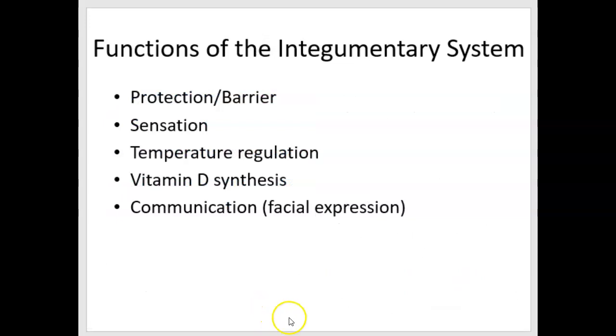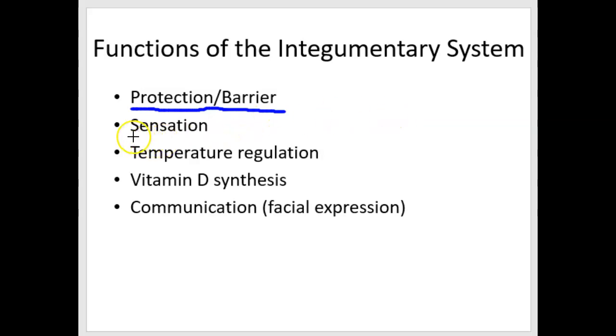Now, the functions of the integumentary system are largely performed by the skin. For example, the skin provides protection for our bodies and a barrier to things like water loss, heat loss, infection, that kind of thing.